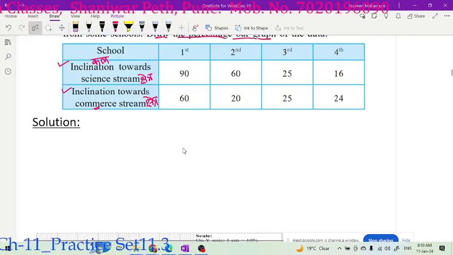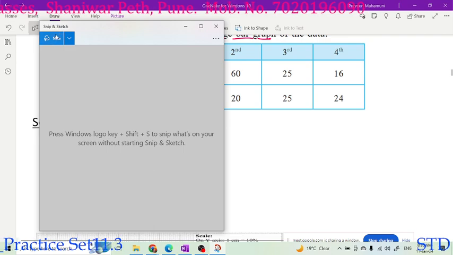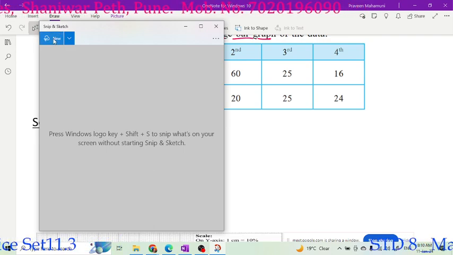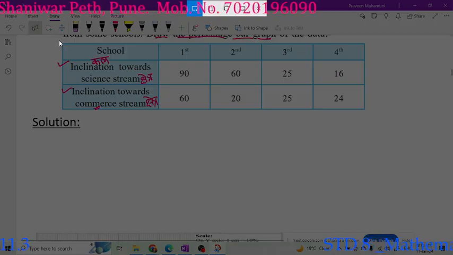So here we make the answer. We just draw the table that is given to you.